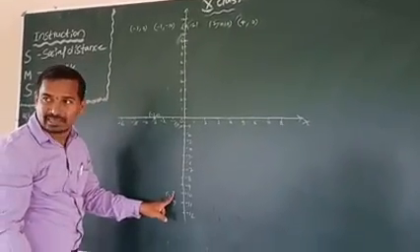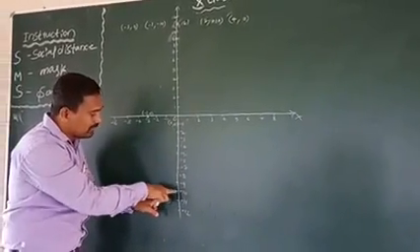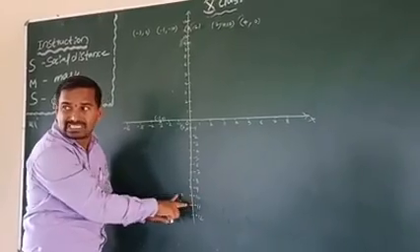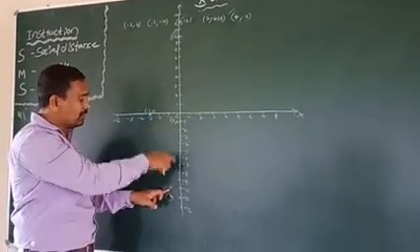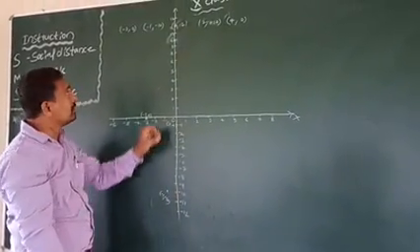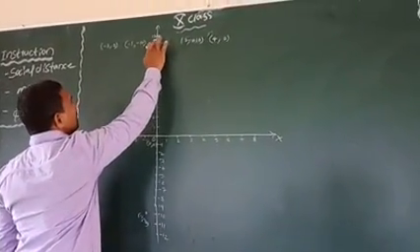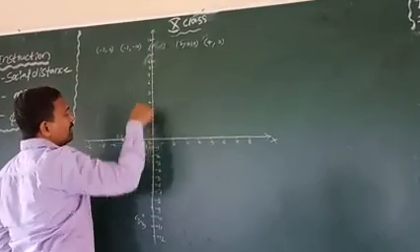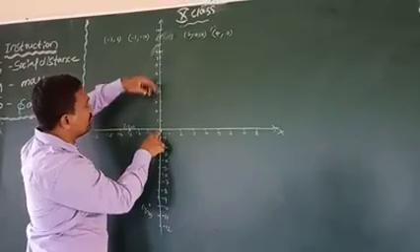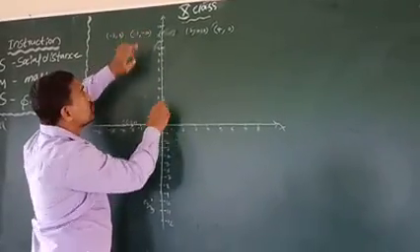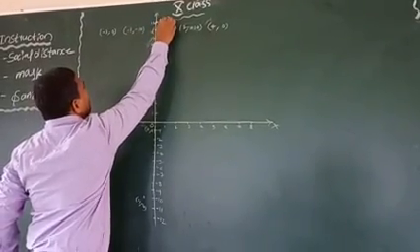If you stand here, you look at the x-axis, minus 1, and the y-axis, minus 10. Next, 0 comma 12. Here x value 0, y value 12, so upward 12 units. This is 0 comma 12.